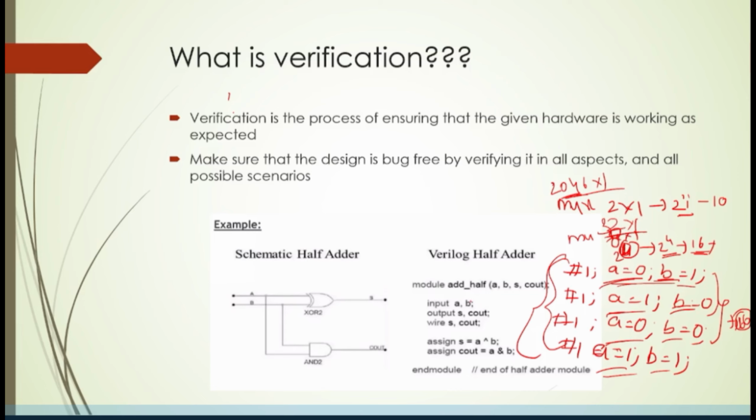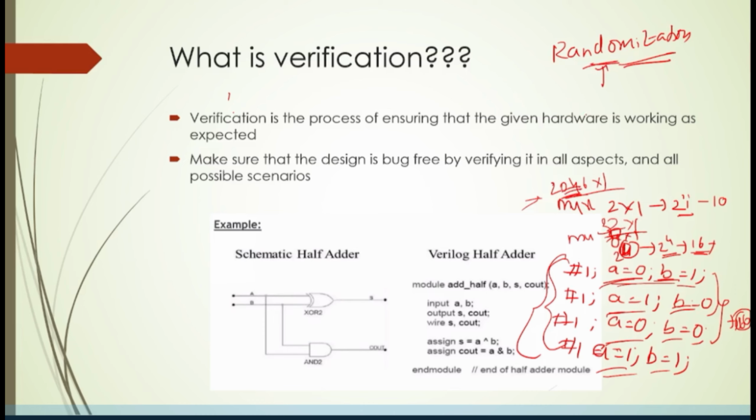But what happens in SystemVerilog is you don't need to check all these selections manually. You are using the randomization topic in SystemVerilog, which is the advanced version compared to that of the random keyword in Verilog. The random keyword you use in Verilog is also used for randomization, but that is not very efficient compared to the randomization that you are using in SystemVerilog.